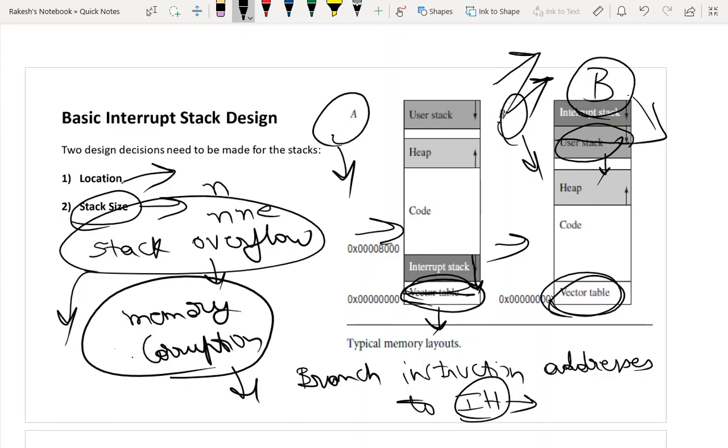A programmer has to decide these when he wants to write the program or dedicate a certain memory location for the stack. Okay, so hope all of you understood this one. Fine, thank you.